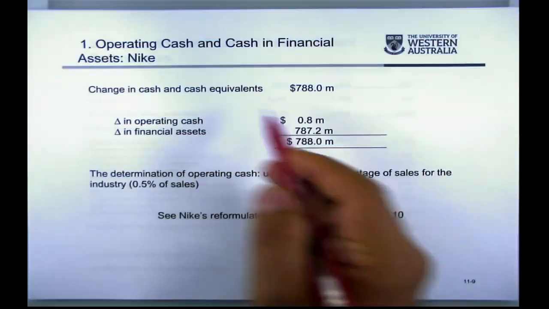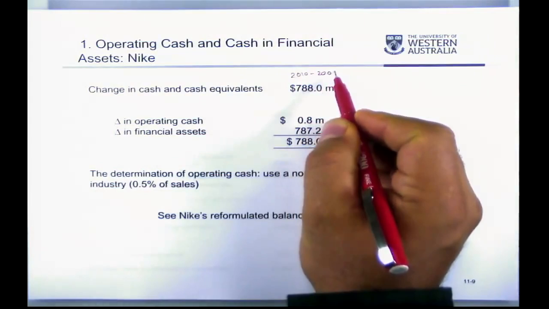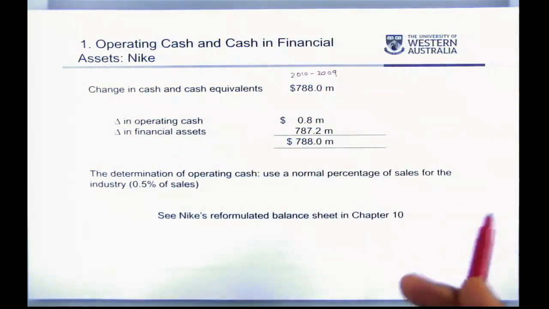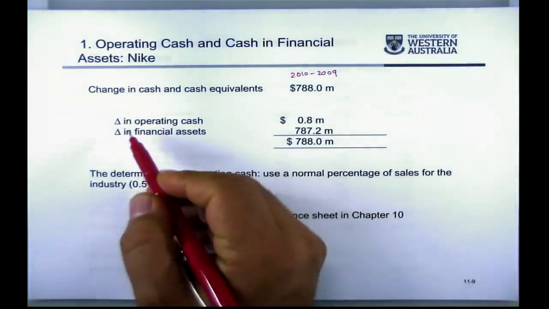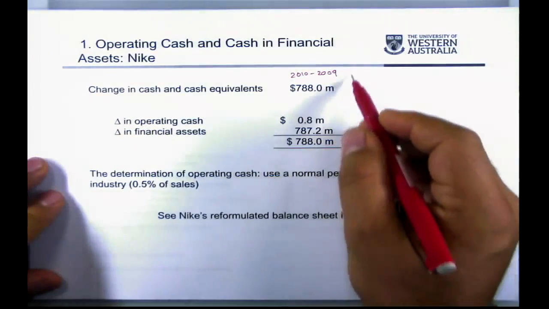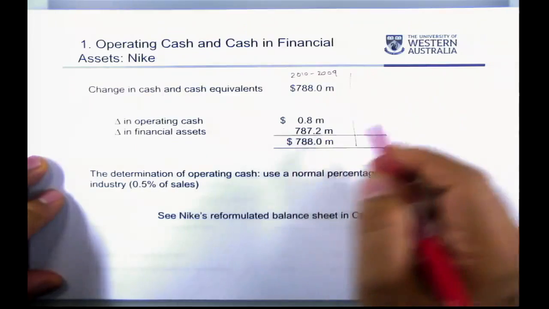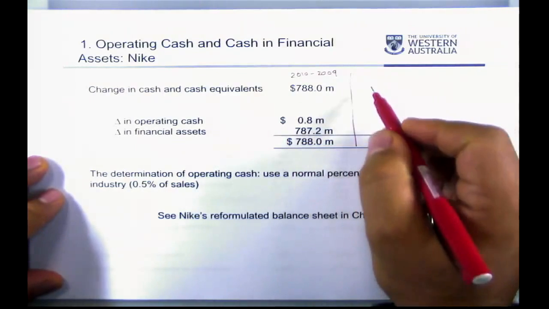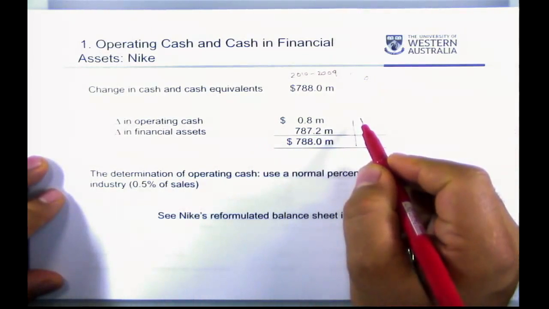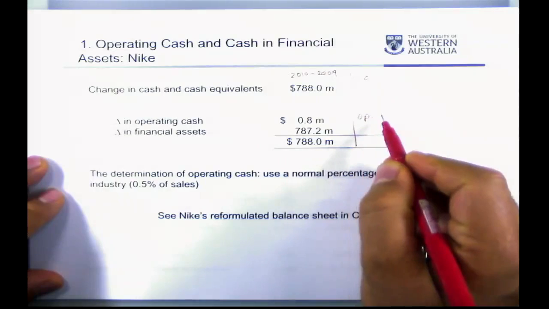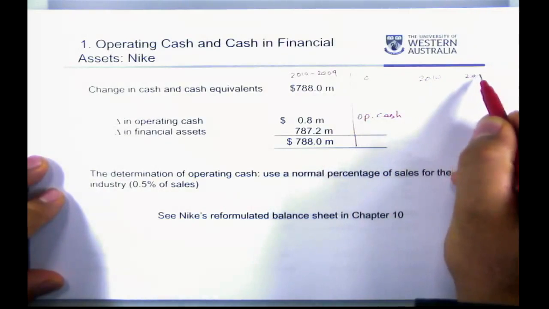The change in cash and cash equivalents from 2009 to 2010. This is the change. We calculate the change in operating cash over 2 consecutive years. For example, here, we go to the sales, operating cash in 2010, 2009.